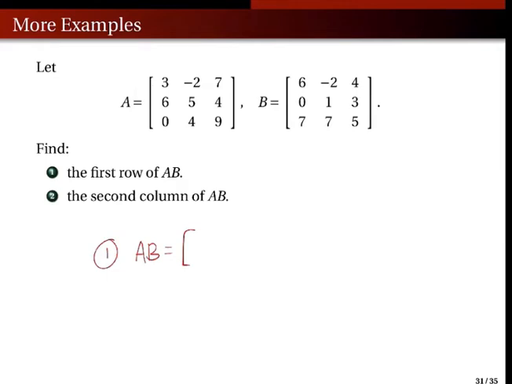So row 1 multiplied to all the columns of B. First row, first column, you have 3 times 6 plus negative 2 times 0 plus 7 times 7.